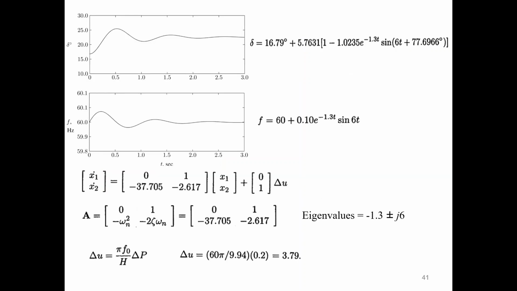Now you can see this is the equation, and you see that there is an initial operating condition, right? At the given initial point of 16.79, this is 16.79 before the disturbance, and once we introduce the change in power, right?